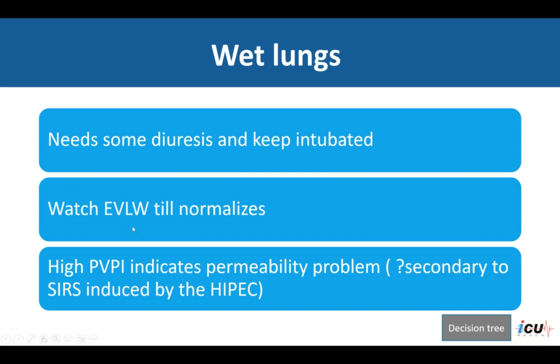Once the extravascular lung water is normalized, at that time you can look at the other parameters, and if everything is fine, you can probably extubate the patient. Of course, the higher permeability index indicates that this patient may have increased permeability or SIRS induced by the IPIC.